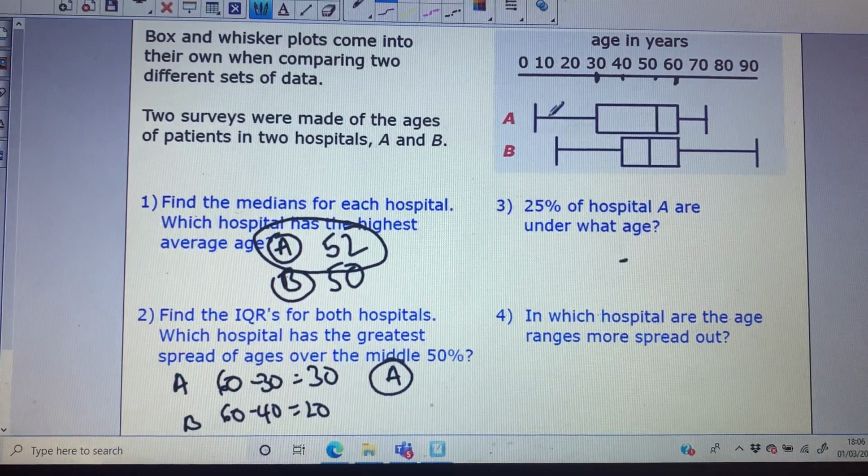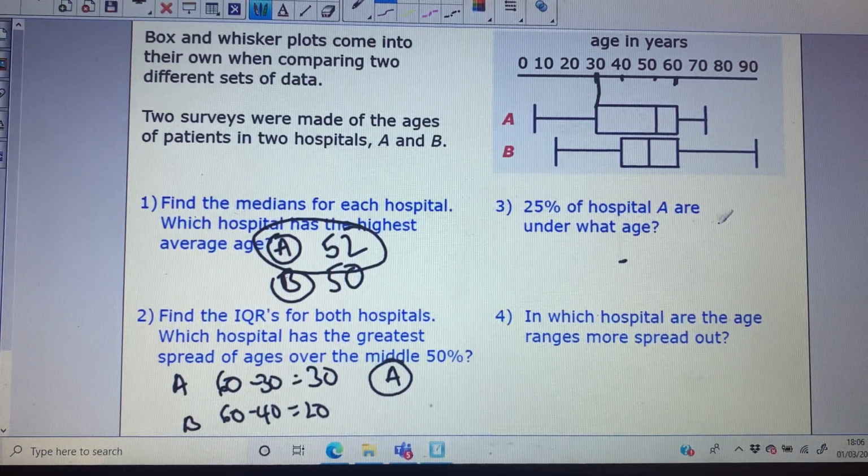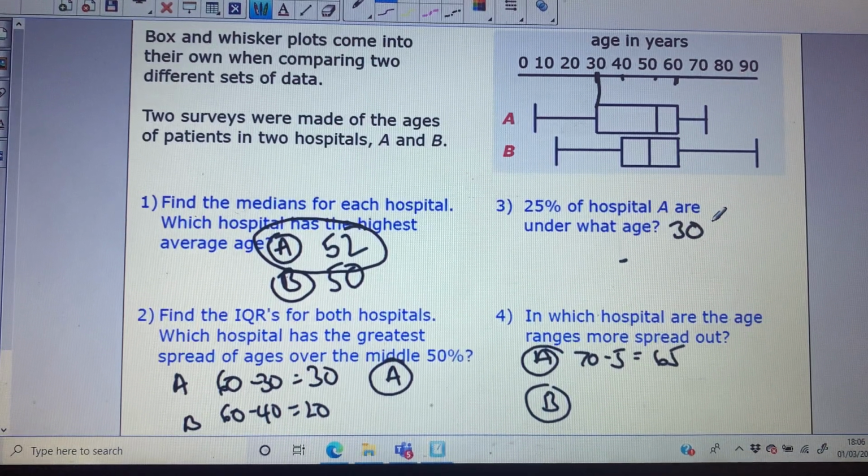is A. 25% of hospital A are under what age? Here we have the lower quartile, and they are under the age of 30. In which hospital are the age ranges more spread out? Well, here would we say that's going from 5 to 70? So A has a range of 70 minus 5, so 65, and for B we've got a wowzer.